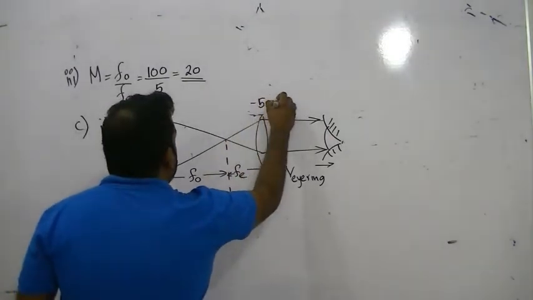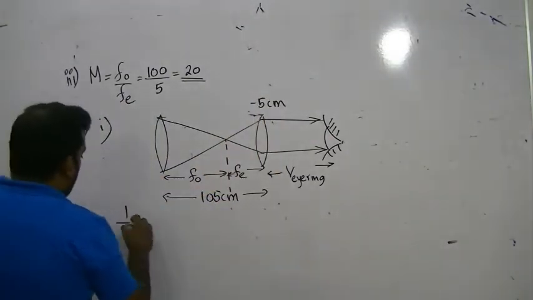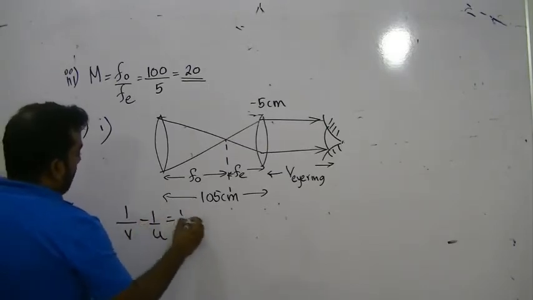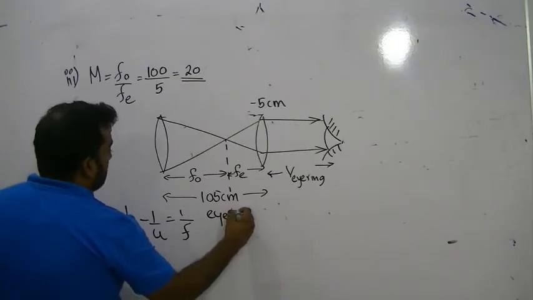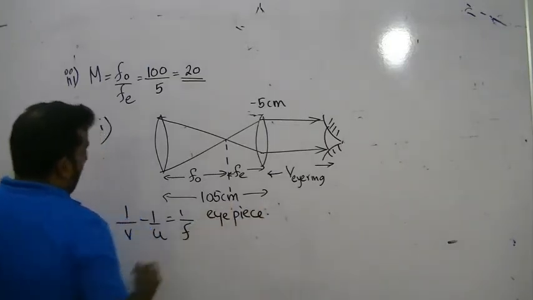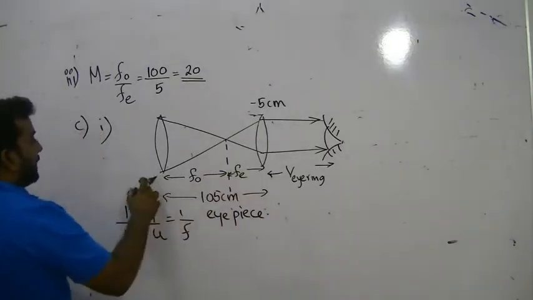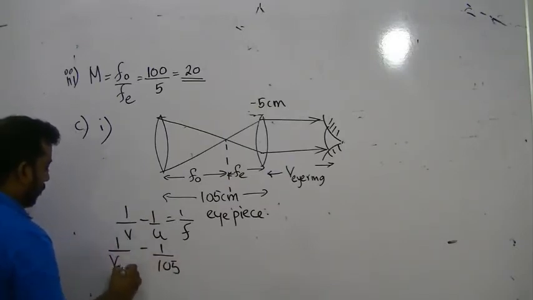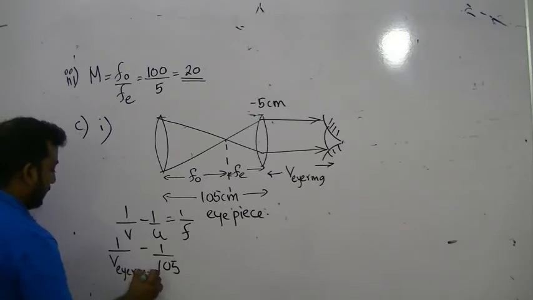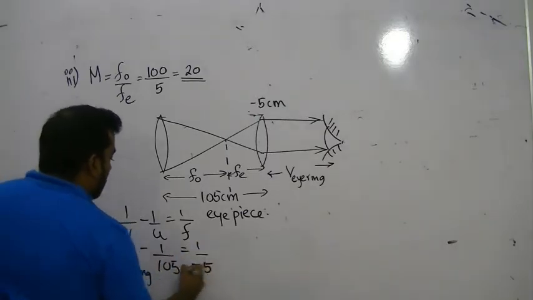Focal length 5 centimeter here. So 1 over V minus 1 over U equals 1 over F. We apply it for the eyepiece. If you apply it for the eyepiece, object distance here is 105. Image distance we don't know, that's the eye ring position. Focal length is minus 5.